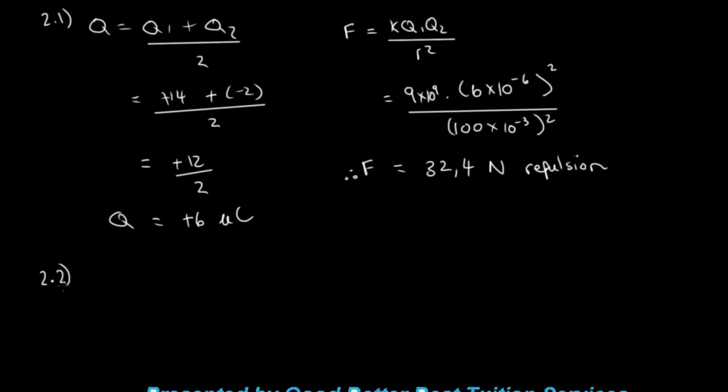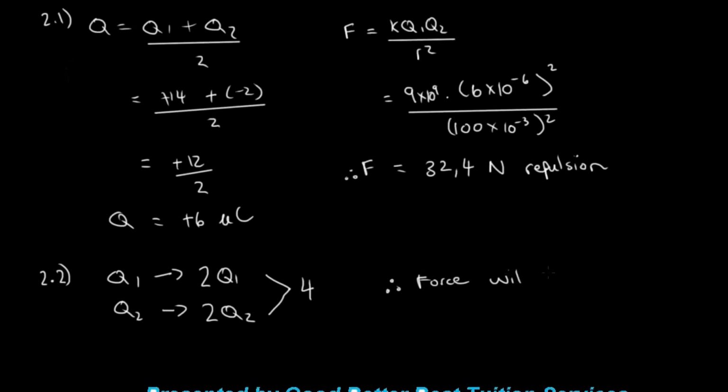But what they're saying here is that Q1 now becomes 2Q1, and Q2 obviously becomes 2Q2. So in other words, no longer 1, but it's 2. And it's the product of the charges, so it's Q1 times Q2. So 2 times 2 is definitely going to equal 4. So we can see there that the force will be 4 times greater.